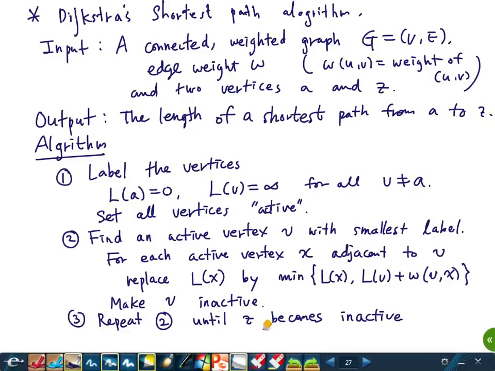And once Z becomes inactive, then we have the label for Z, and we return the label of Z. This is a description of the algorithm. If you look at your textbook, it is written in terms of pseudocode, but I just explained that in a more natural language.